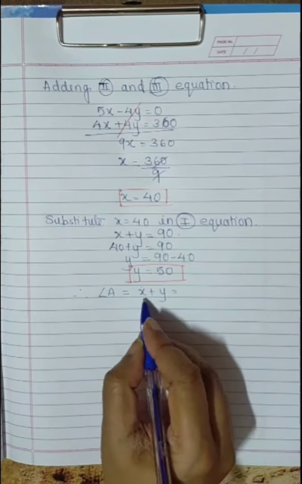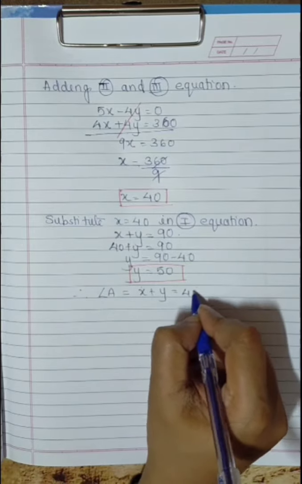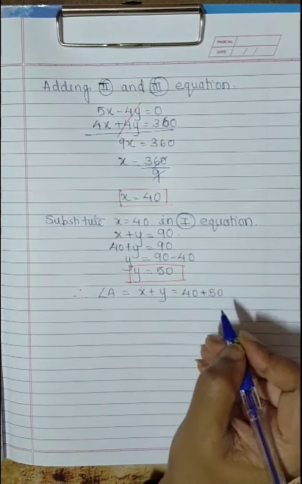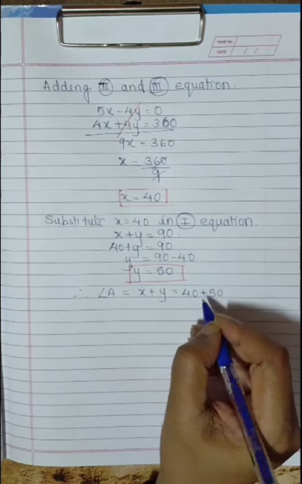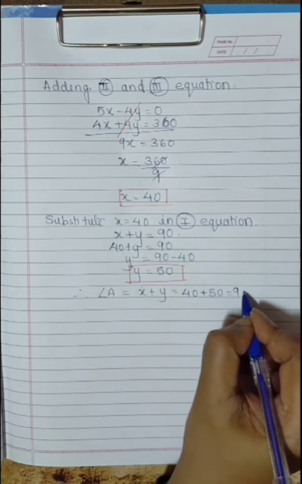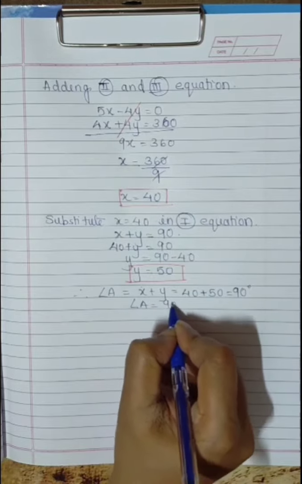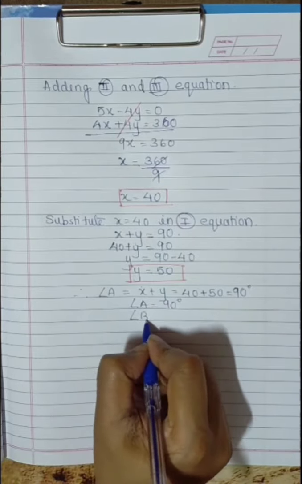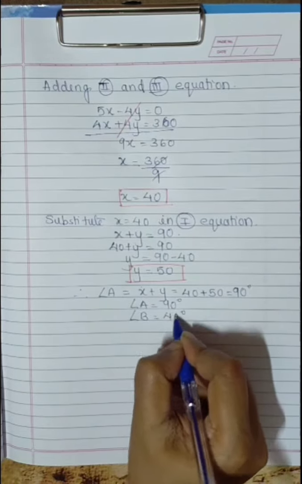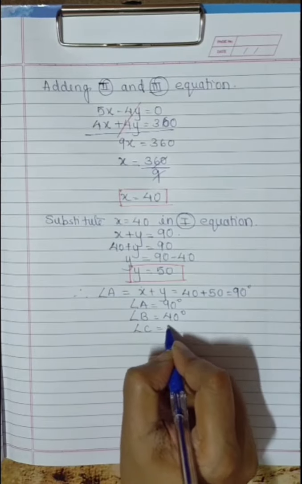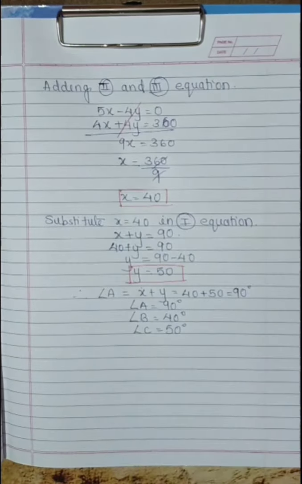What is x plus y? 40 plus 50 equal to 90. So angle A is 90 degrees, angle B is 40 degrees, and angle C is 50 degrees. Okay, I hope you understood.